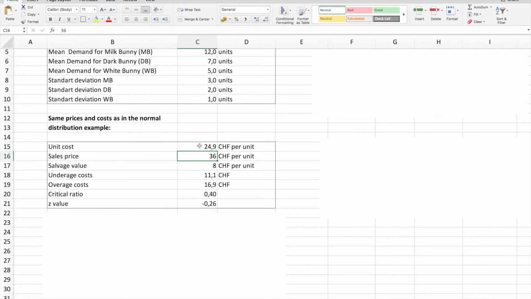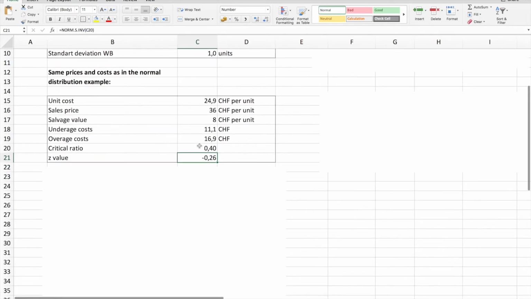The sales price, the price at which Ingrid can sell the bunny, is 36 francs per unit, and the salvage value is 8 Swiss francs per unit. This means that we have an underage cost of 11 francs 0.1 and an overage cost of 16 francs 0.90, and this gives us the critical ratio of 0.4 and additionally the Z value of negative 0.26.